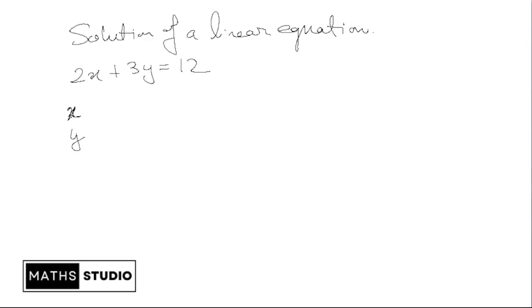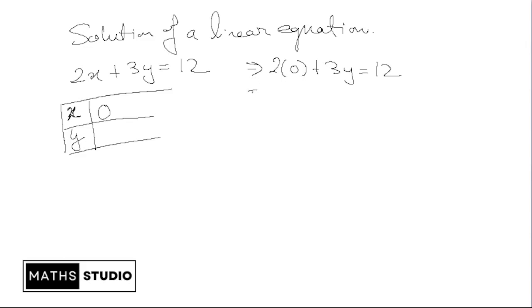For example, if we take the value of x as 0, so what will happen? We'll put the value of x equal to 0 over here. So 2 into 0 plus 3y equal to 12. This implies 2 into 0 is 0, 3y equal to 12, 3 goes on the other side, so y will be equal to 12 by 3, which becomes 4. So if x's value is 0, y becomes 4.